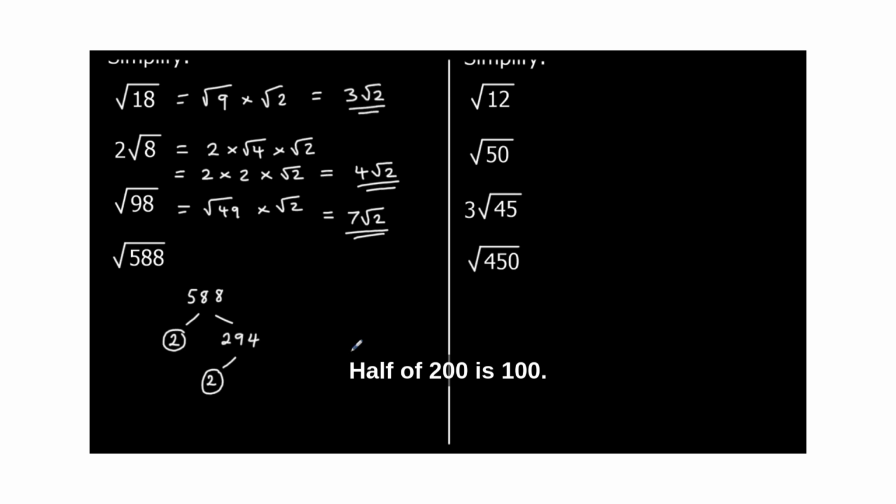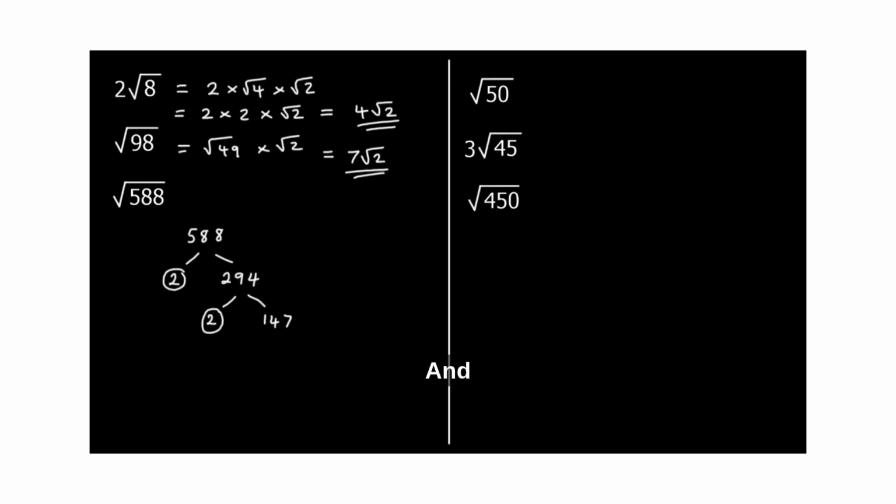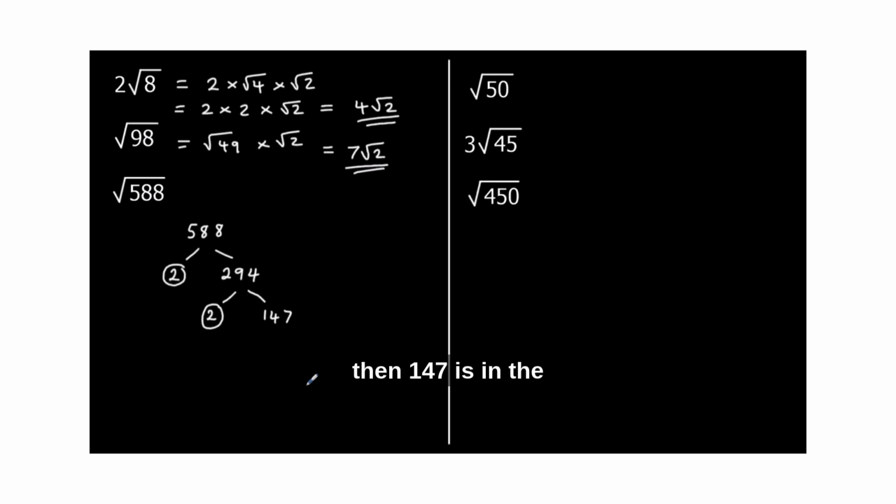Half of 200 is 100. Half of 94 is 47. So 147. And then 147 is in the 3 times table. And it's 3 lots of 49. And 49 is 7 times 7. So I've broken 588 down into its prime factors.